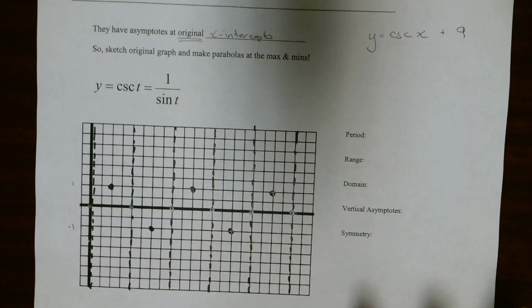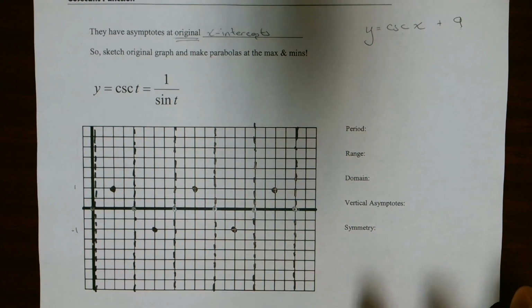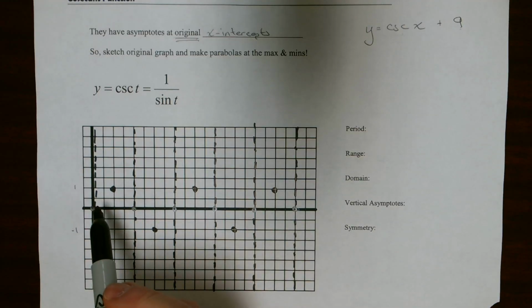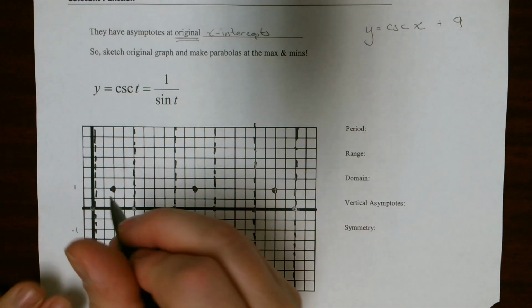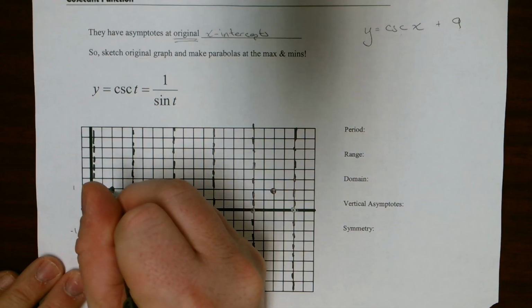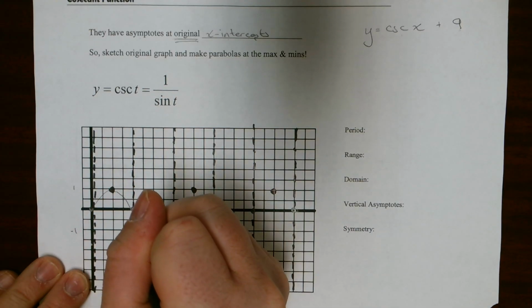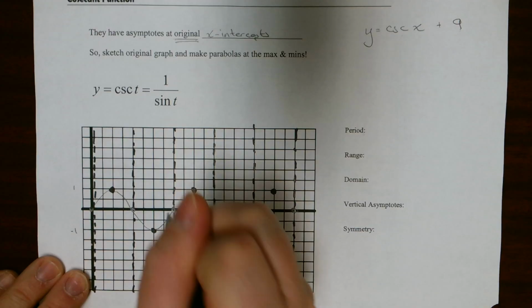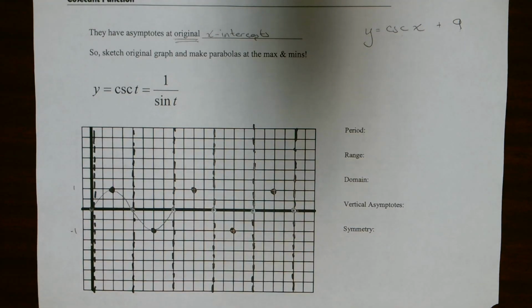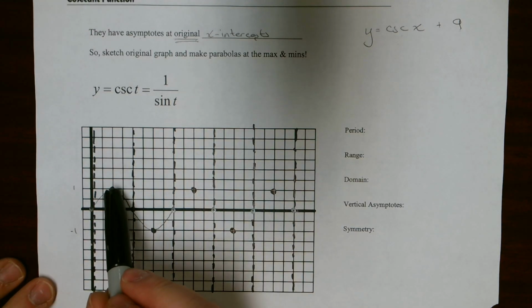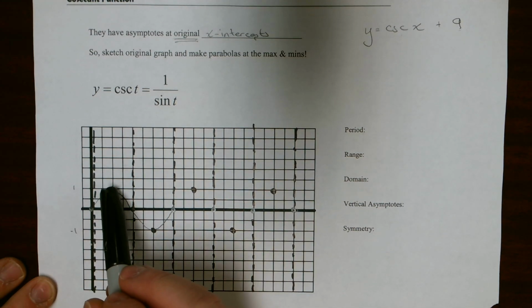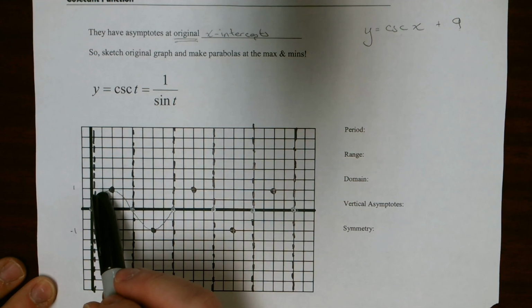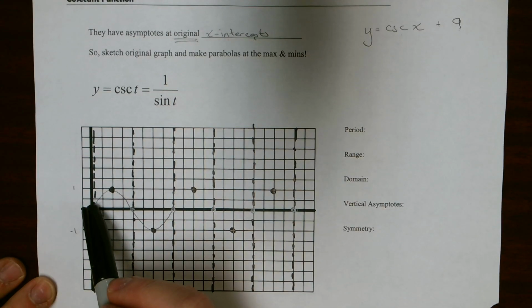Now, let's talk a little bit about the behavior of a reciprocal graph. Think about it. The sine graph, which I'll draw in pencil real light here, just one of the periods. As we look at it, as we approach 0, so this sine graph from this peak, from this maximum, each way it's getting closer and closer to 0.